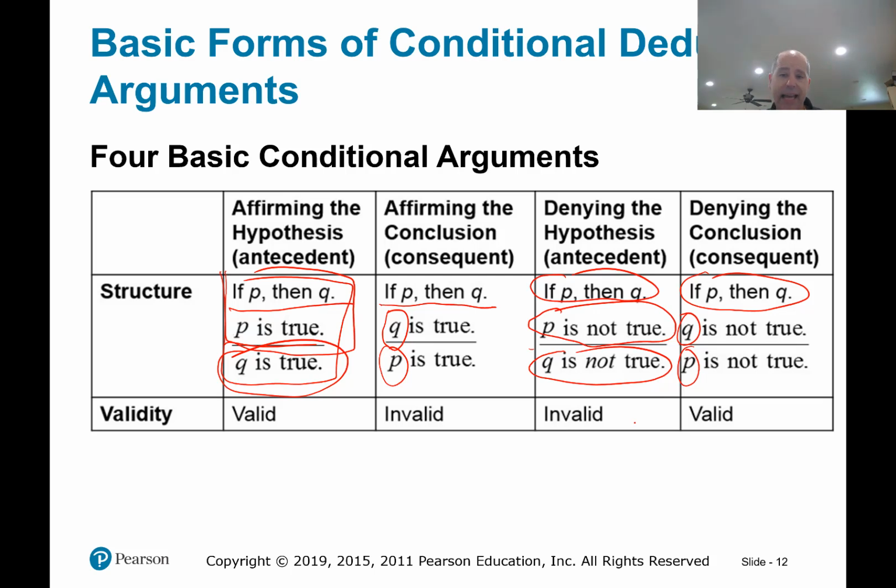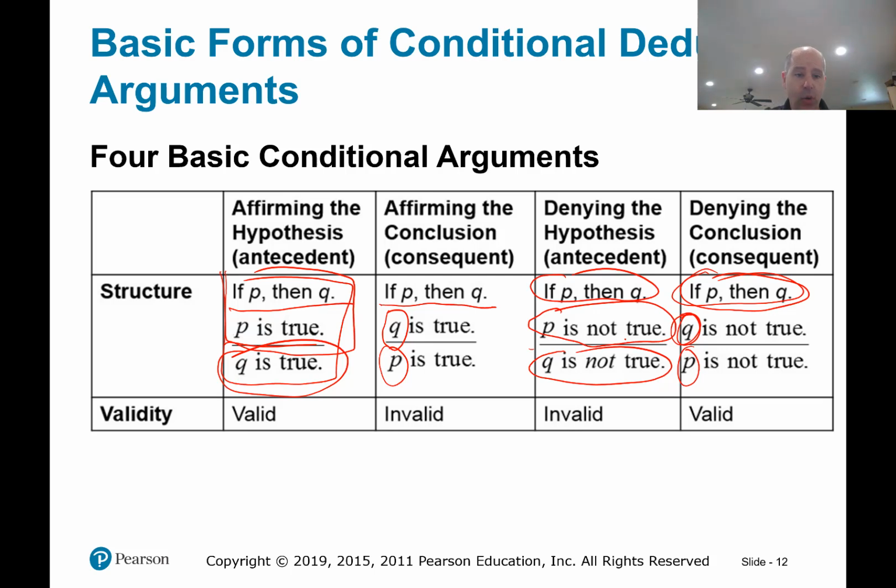So if I say if P then Q, that's the same as not Q implies not P. If I know that the first premise is true, and I give you not Q, I know for a fact that not P has to follow. So this is true. This is valid by contrapositivity.